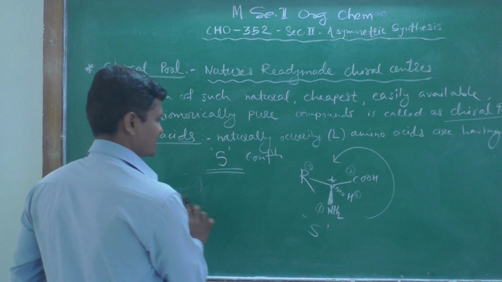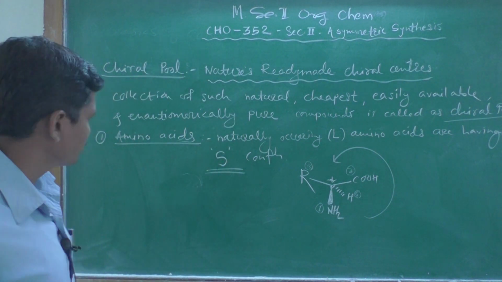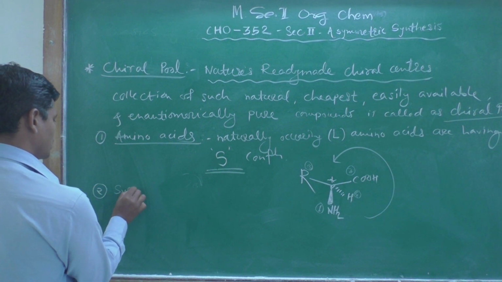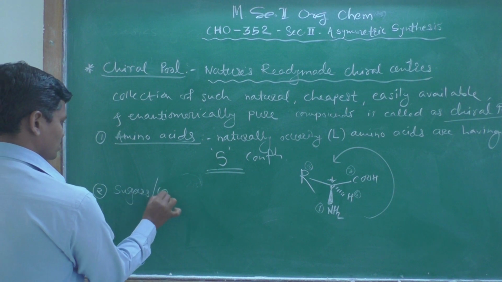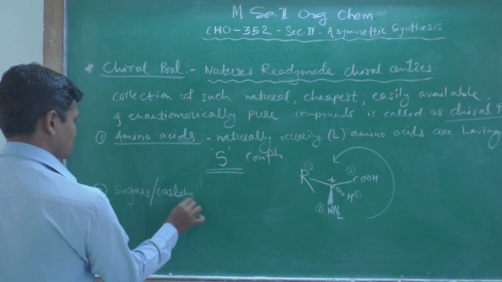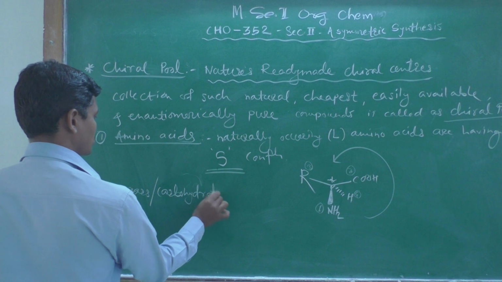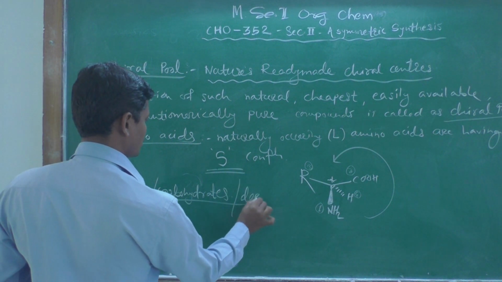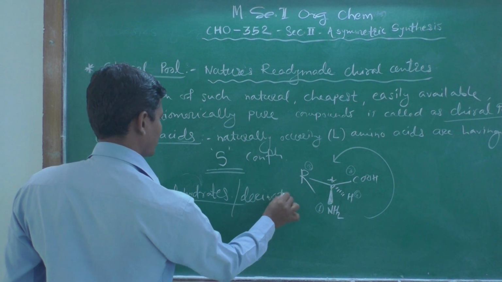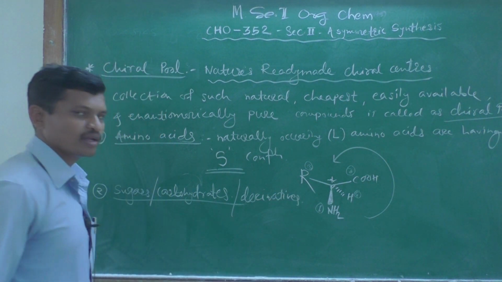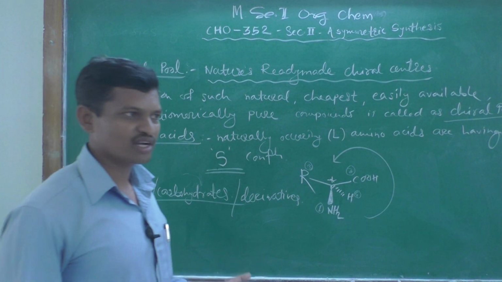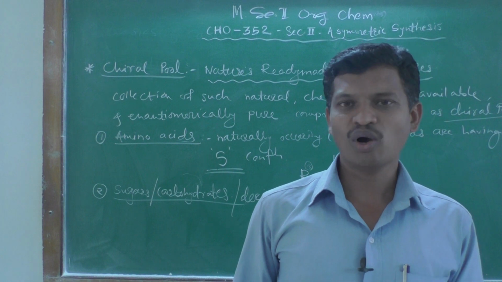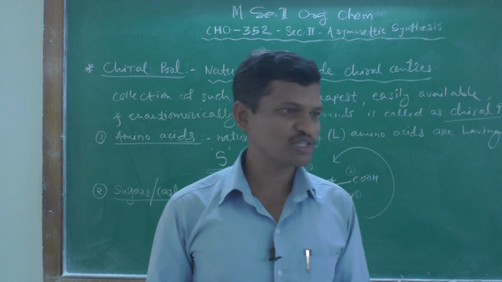Then the second example is carbohydrates or sugars, or their derivatives. We know that glucose, mannose, erythrose, threose, all these are examples of sugars.